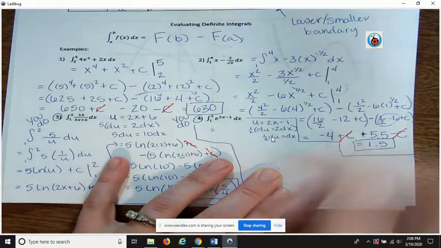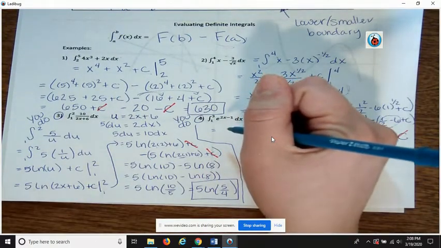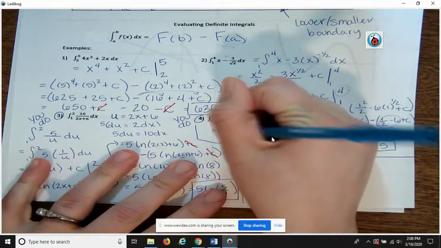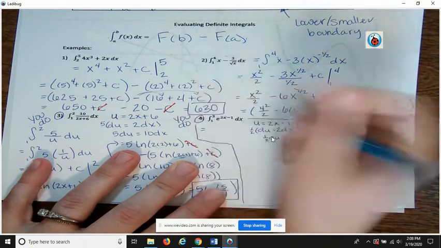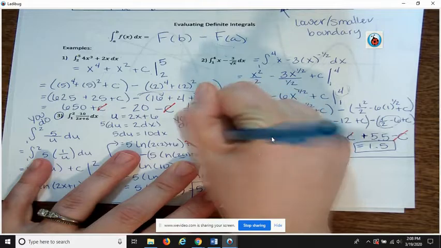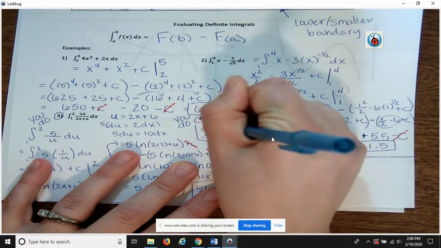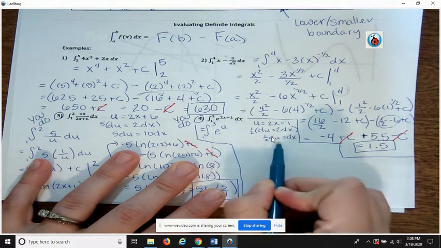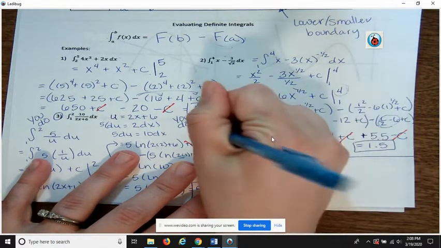Okay, so for this, when I rewrite the integral, I'm going to move my equal sign over a little bit. I would have the integral from 1 to 3 of e to the u, and then I have this 1/2 du that I need to stick in there to replace my dx. So I'm going to stick the 1/2 out front.